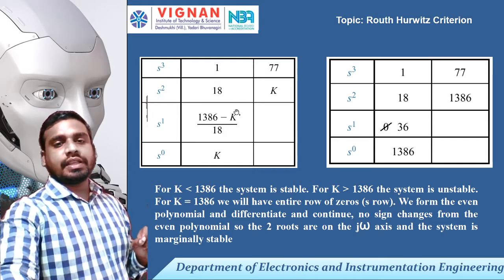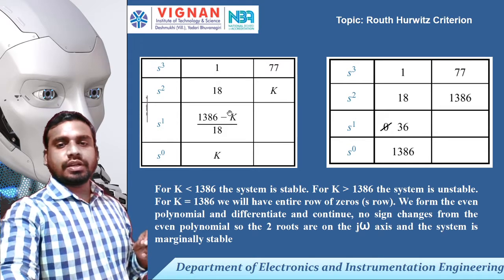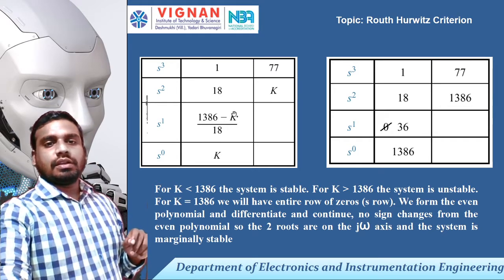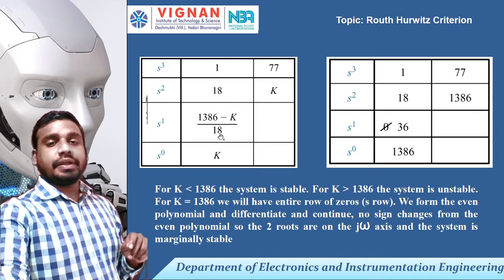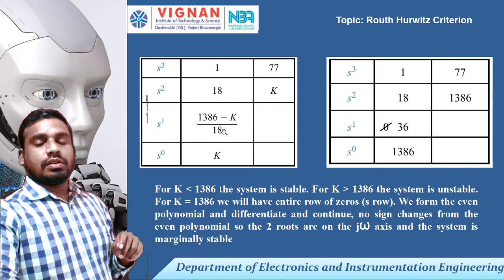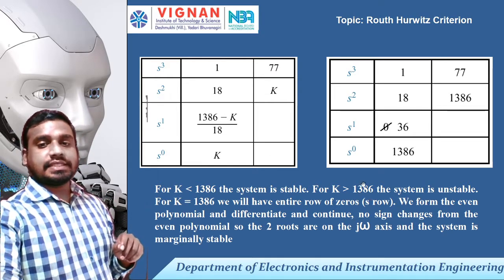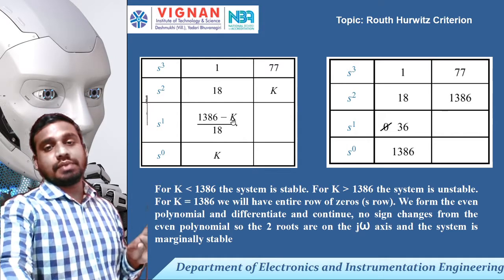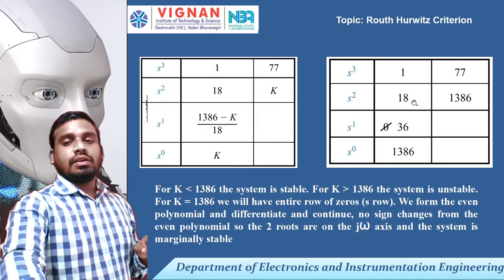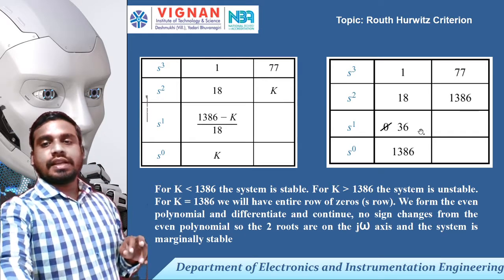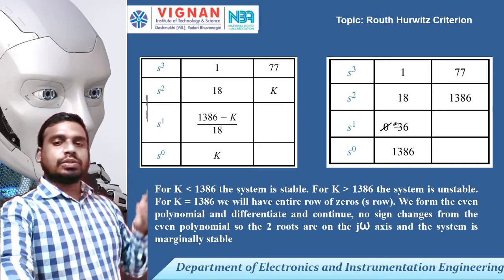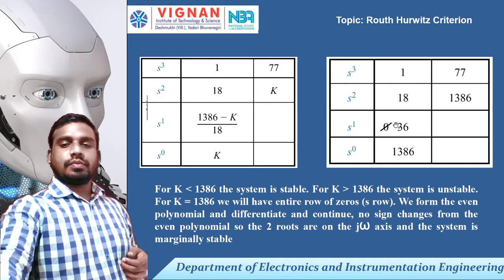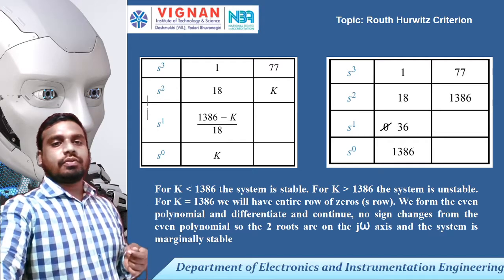Substitute some value greater than 1386, you will get a negative term, right? 1386 divided by 18. If it is greater than 1386, the system is unstable. If it is less than 1386, the system is stable. If it is equal to 1386, you will get 0. Then form that auxiliary equation and find the number of roots.